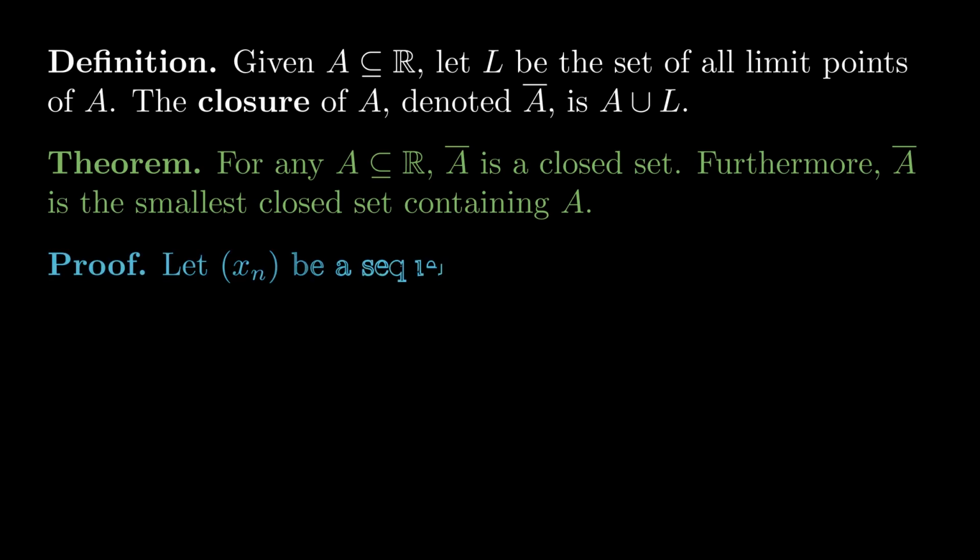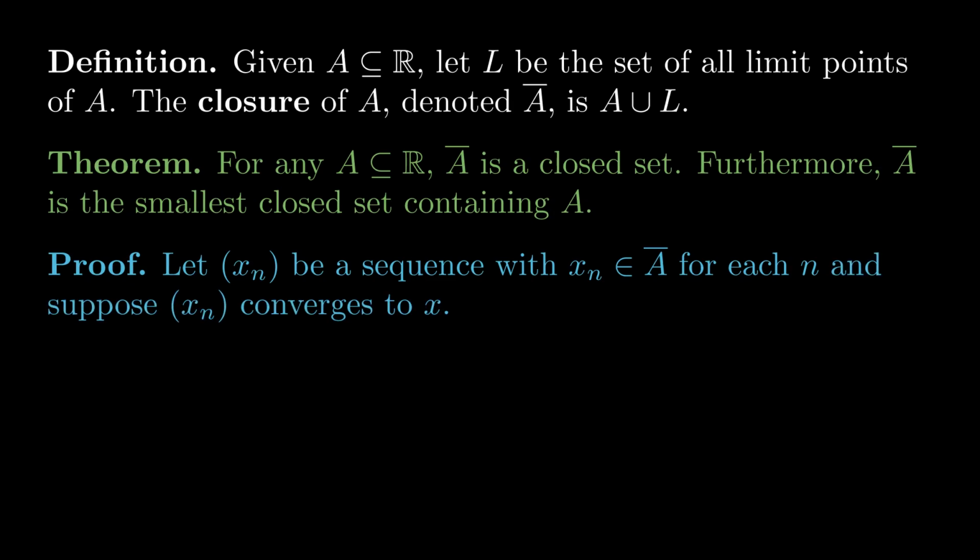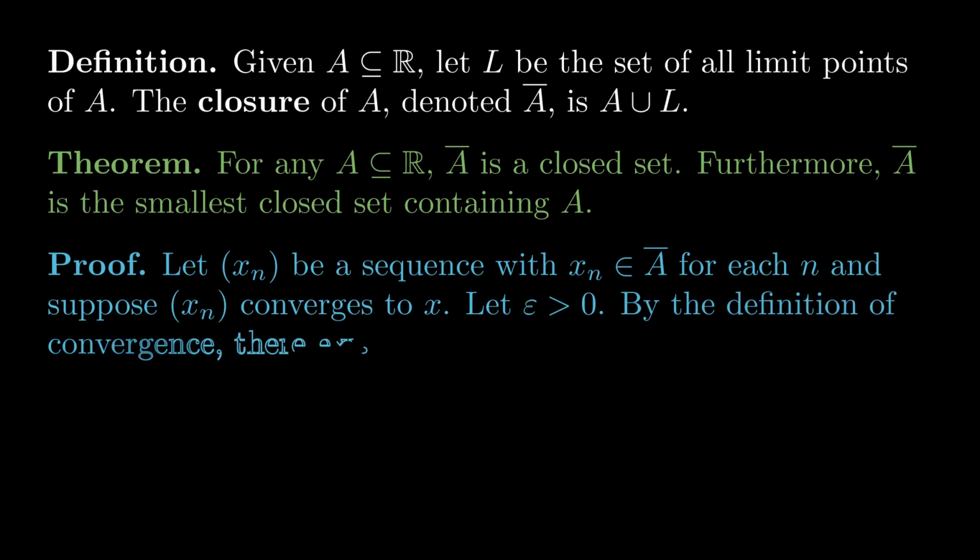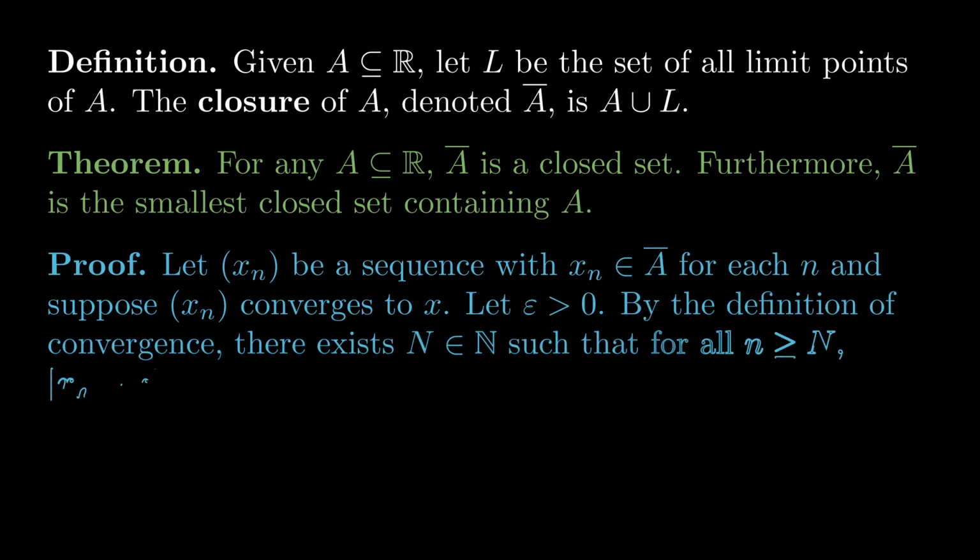Let x sub n be a sequence whose terms are each contained in the closure of A. And let's suppose that x sub n converges to some x. We need to show that x is in the closure of A. Let epsilon be greater than 0. By the definition of convergence, there exists a big N in the naturals, such that for all n greater than or equal to big N, the absolute value of x sub n minus x is less than epsilon over 2.